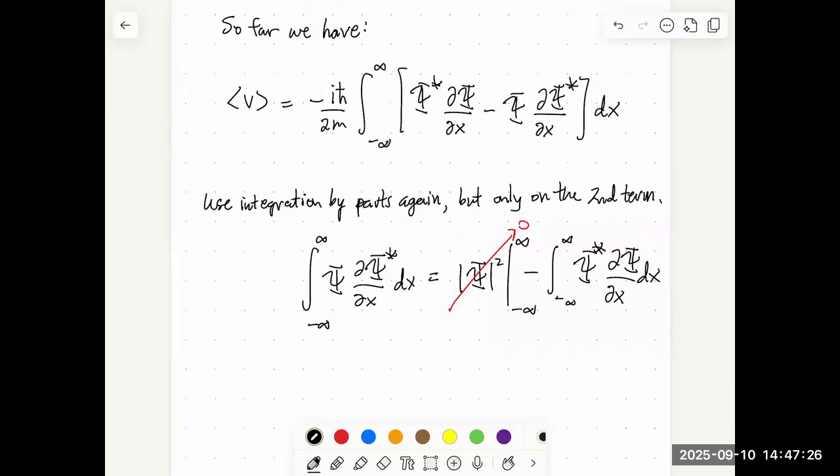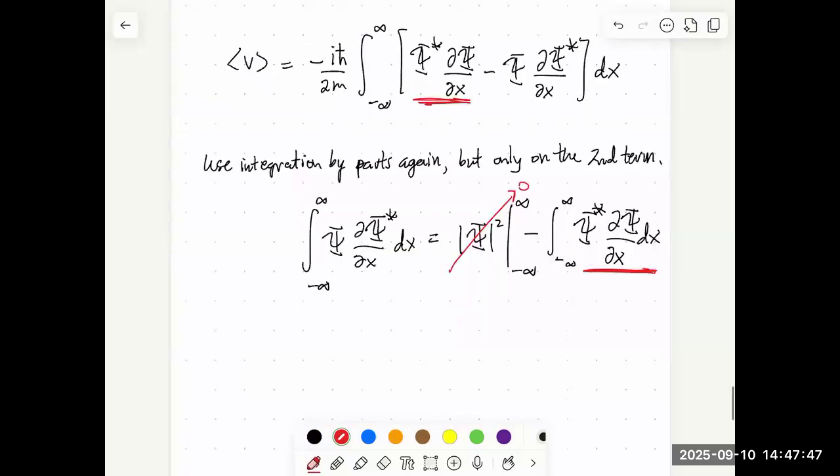So this looks just like this. And in fact, its signs are even going to be the same because I have a minus sign here that's going to cancel with this minus sign. So these two terms are just going to add together.